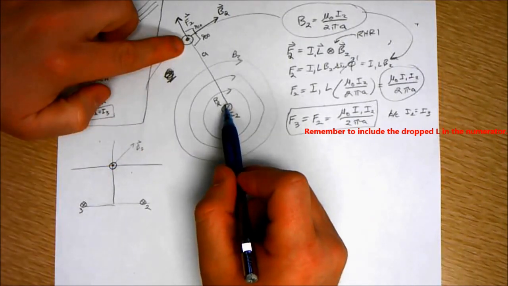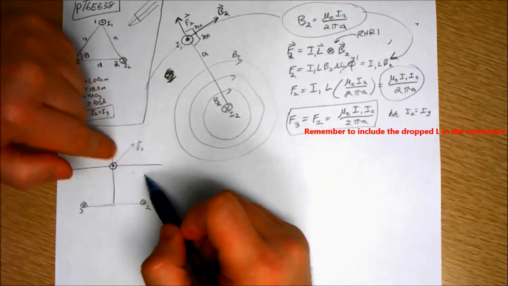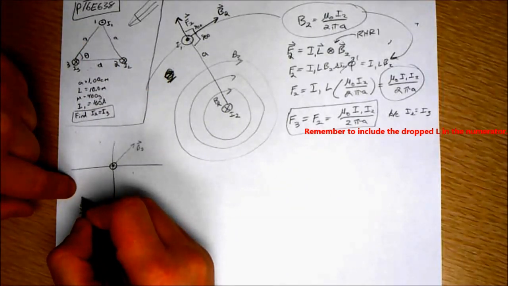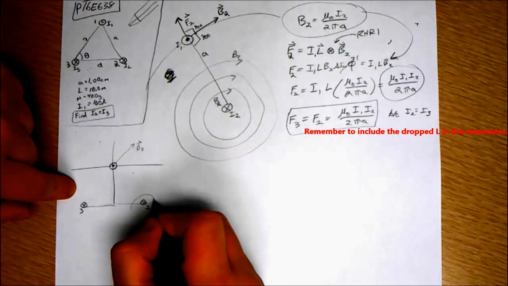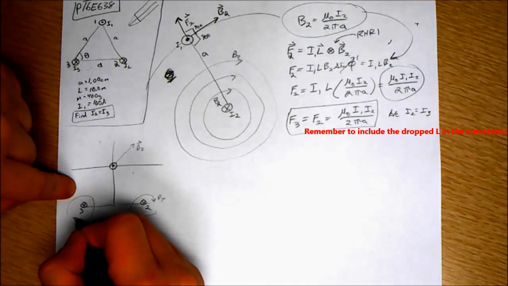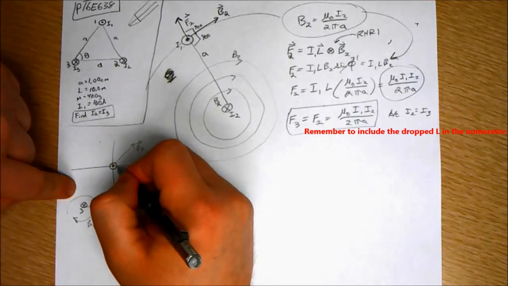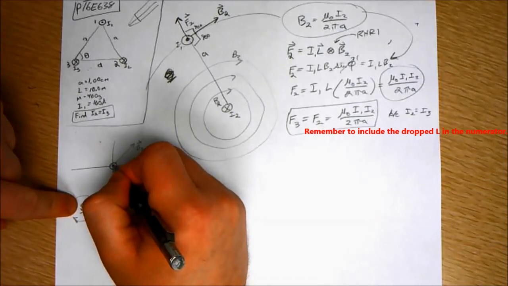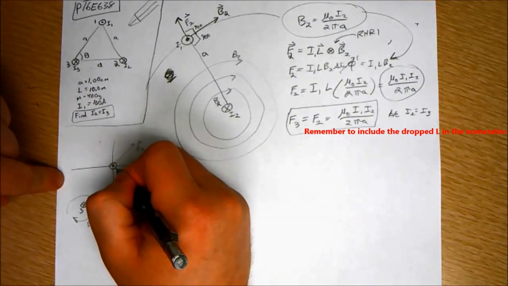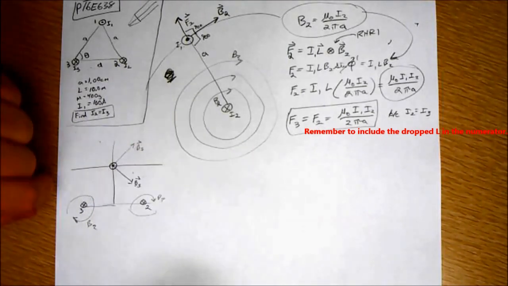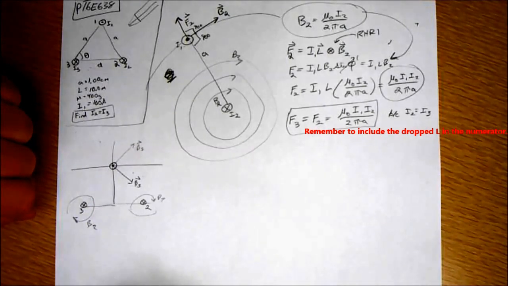It's tangential to the circle, correct? I'm just redrawing the situation. Now we have to look at this guy, and we know just like this one, whose magnetic field is circling in that direction, well, the current here is in the same direction, so it's going to circle in the same manner, but because wire 1 is on the right side of wire 3, when you draw that circle around, at this point, B3 is in that direction.